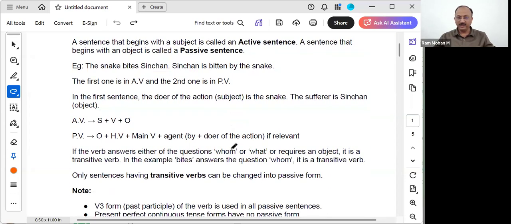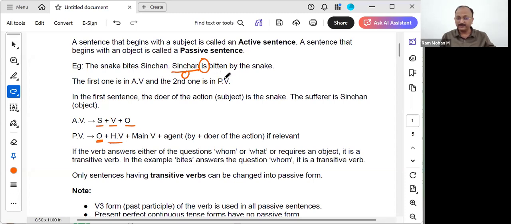Overall meaning. Okay? The basic rule is that the subject will come first, and the verb will be followed by the object. But when we convert this, the object will come, then the helping verb. See, Sinchan is the object. The helping verb is: is, was, am, are. These are all called helping verbs.